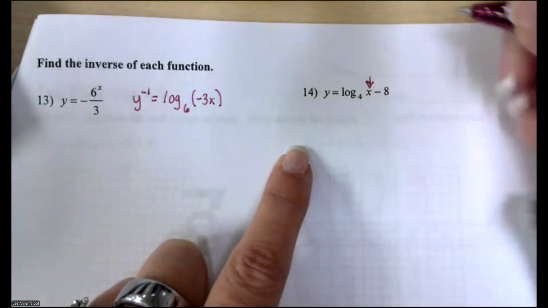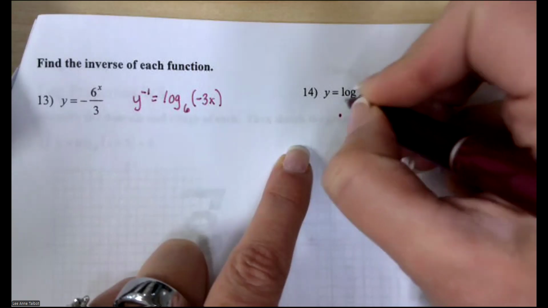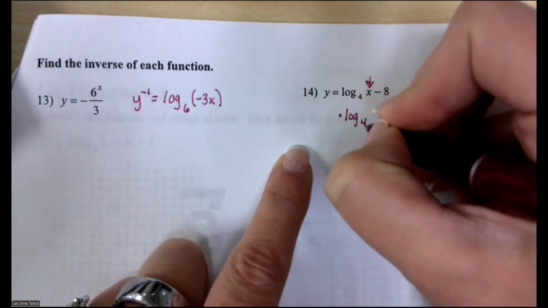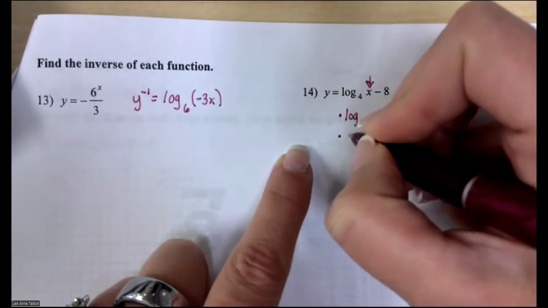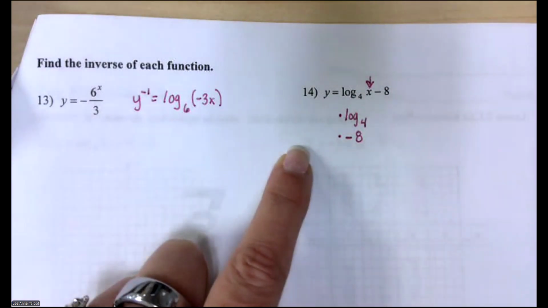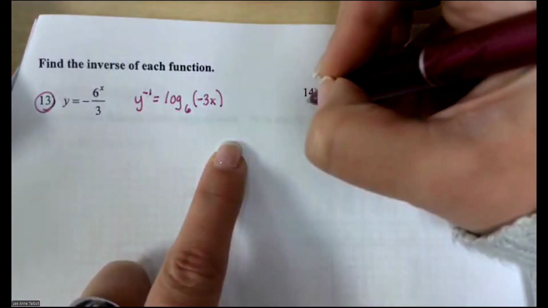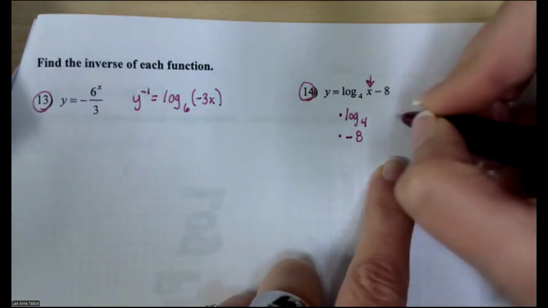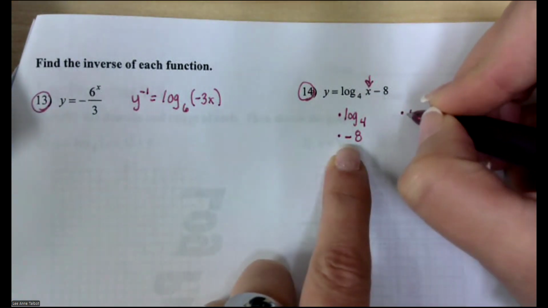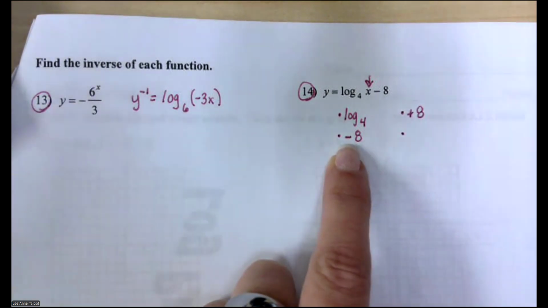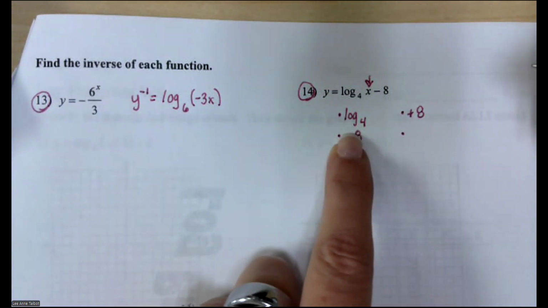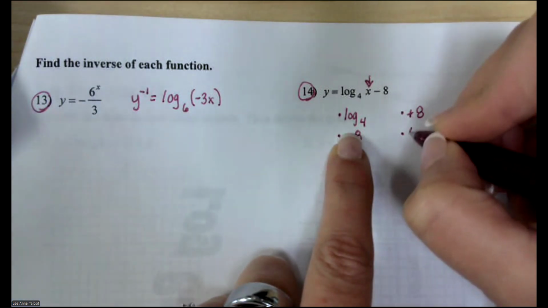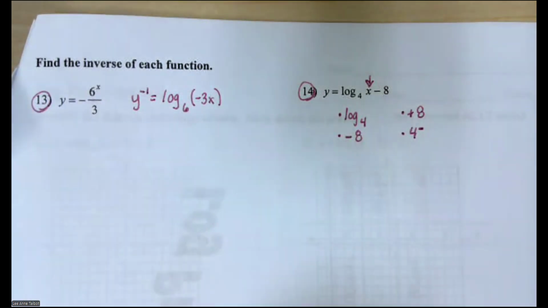So I start with x. The first thing that happens to it is log base 4. The second thing that happens to it is minus 8. Okay, inverse. The first thing that would happen would be plus 8. And then undoing log base 4 is 4 to the power.